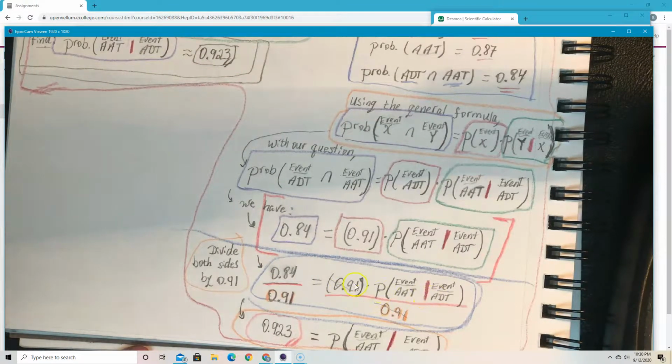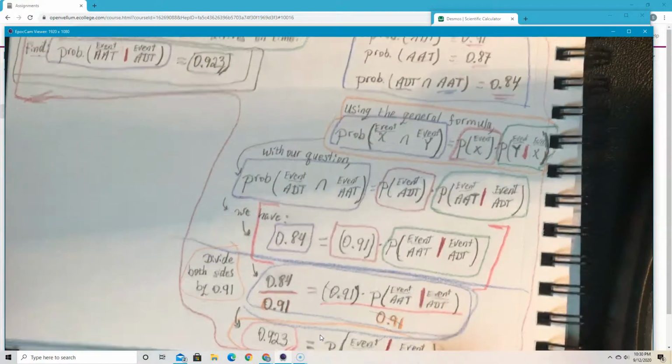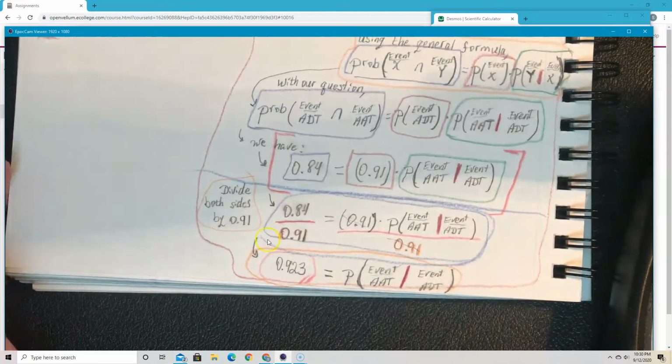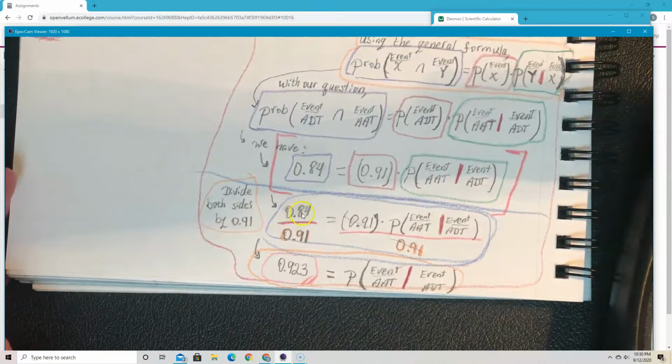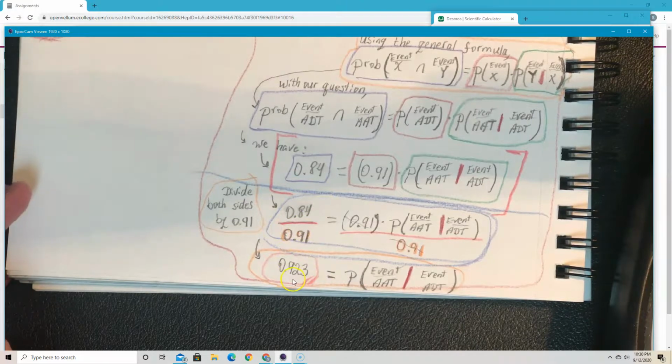When you divide on this side, 0.91 divided by 0.91 is just 1. 1 times this still. You don't need to write the 1 times in front if you don't want to. And then we just divide 0.84 divided by 0.91, and whatever that turns out to be, which hopefully is this, is the value of what we're looking for.